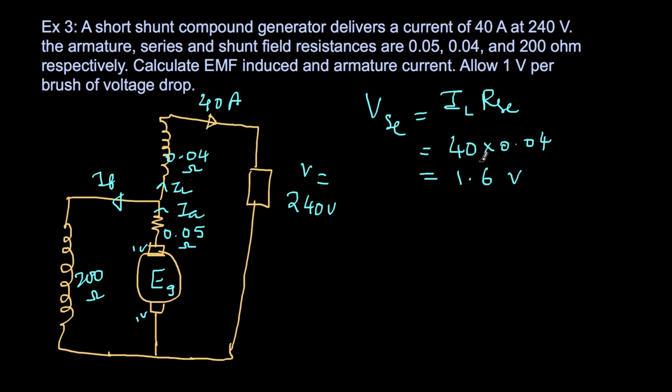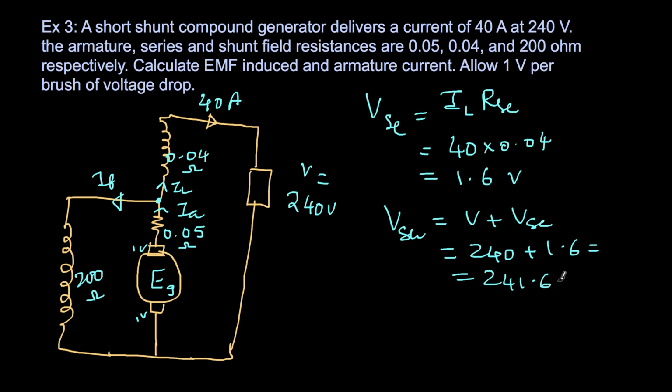Now this voltage will be added to get the voltage at this point, because some voltage is dropped here and the remaining voltage is 240. Therefore, VSH, the shunt field voltage, will be the total voltage plus the voltage drop of the series field winding. This is a relation that comes because of the short shunt connection. So I have 240 volts here and 1.6 volts here. Therefore this is 241.6 volts.